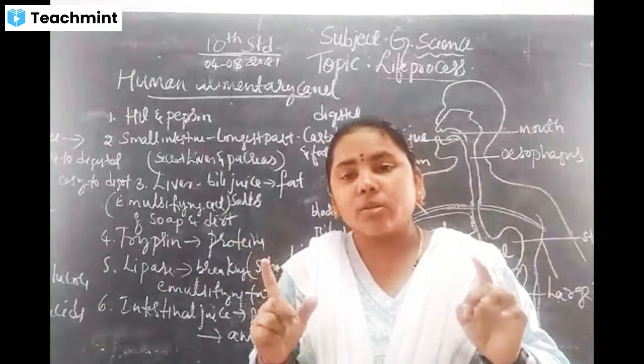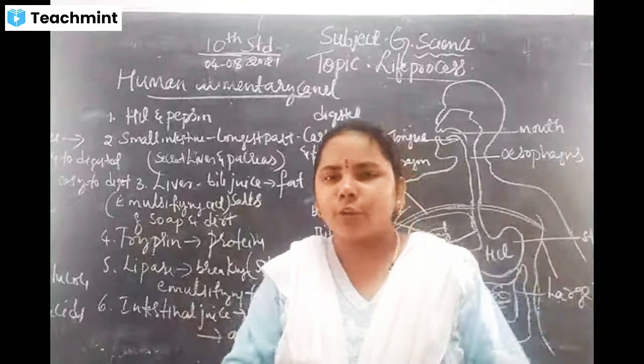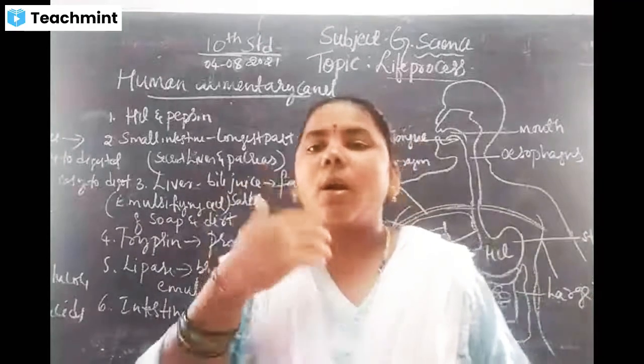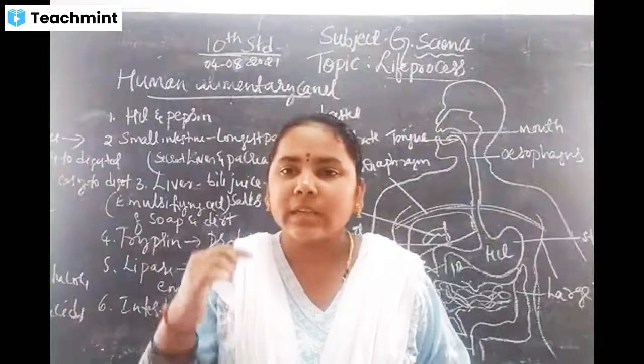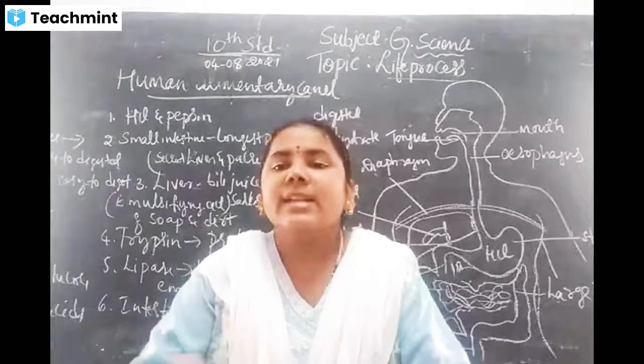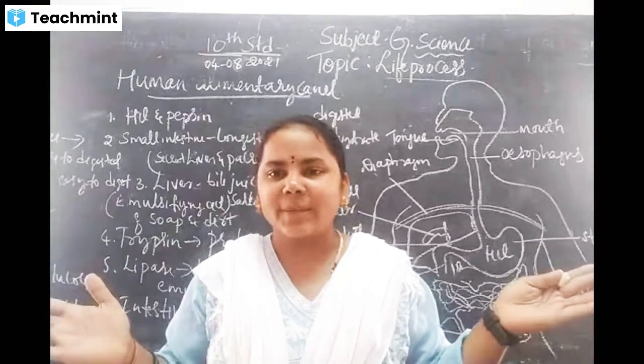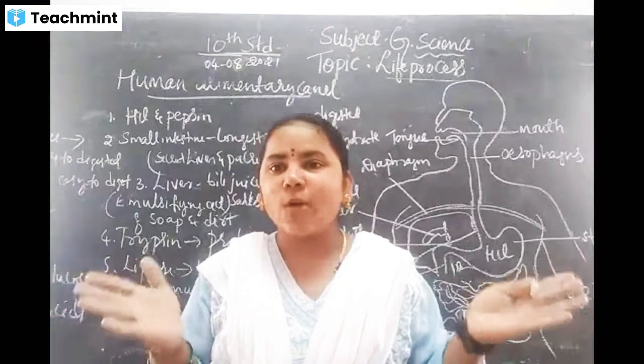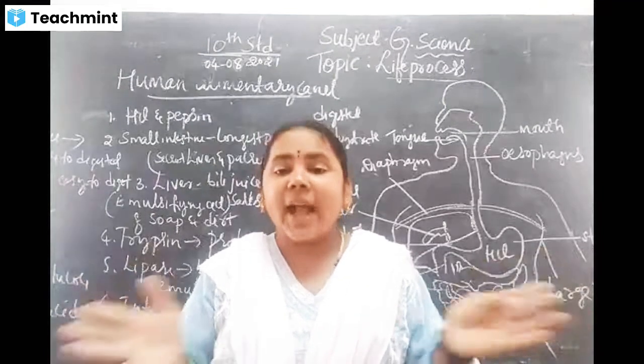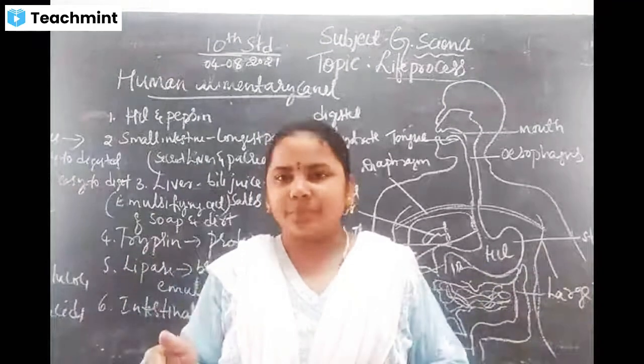Understand? It can also expand. Different kinds of food you will be taking, right? So all kinds of food should go inside the small intestine. It provides space to all kinds of foods, right? So every food easily goes into the small intestine and it provides you space.